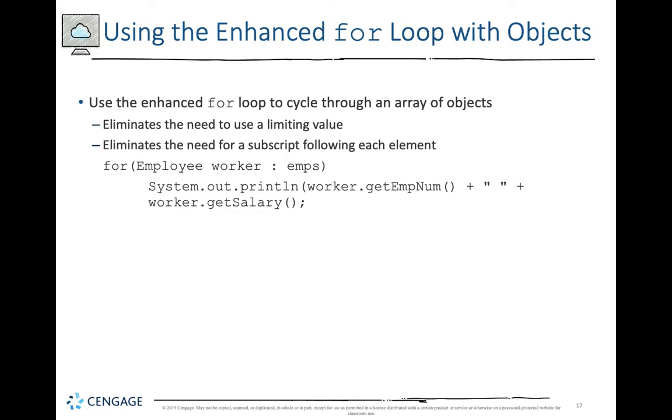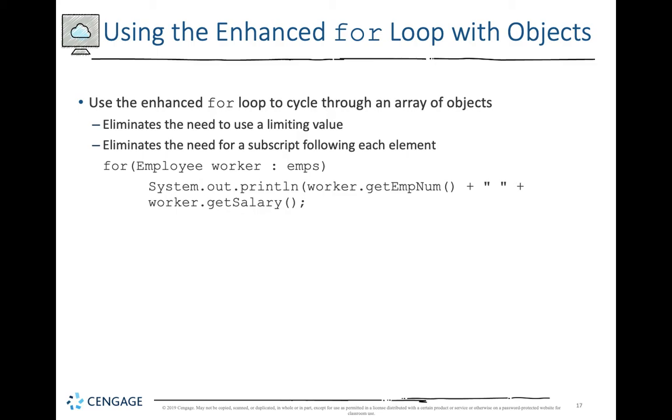In an enhanced for loop, we demonstrated the enhanced for loop last week in class with the students, if you remember, the student custom class. It eliminates the need for using that value, passing in the x or whatever. In the enhanced for loop, we use the name of the object type of the array.